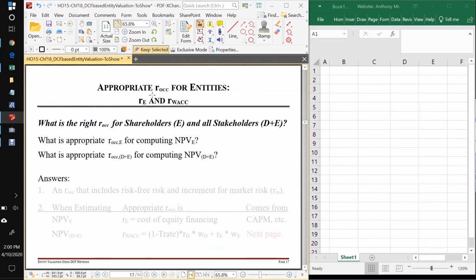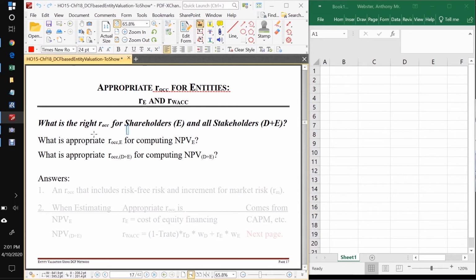We have to think about what is the appropriate discount rate to use, what opportunity cost of capital to use. So this is going to be two things we're going to look at. RE, that's going to be for owners, and our WACC, which stands for our weighted average cost of capital, that'll be for everyone. So let's jump into this.